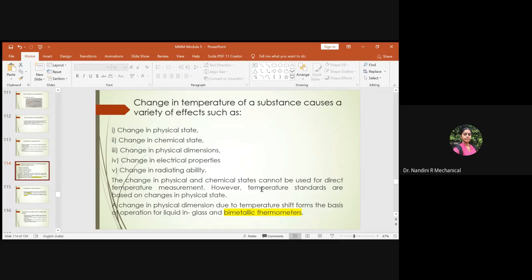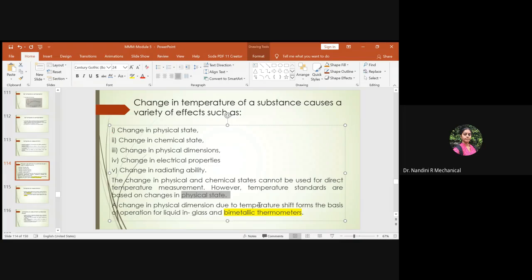However, temperature standards are based on change in physical state, not chemical state. When there is a change in physical dimension due to a shift in temperature, it forms the basis of operation for liquid in glass and is measured using bimetallic thermometers.